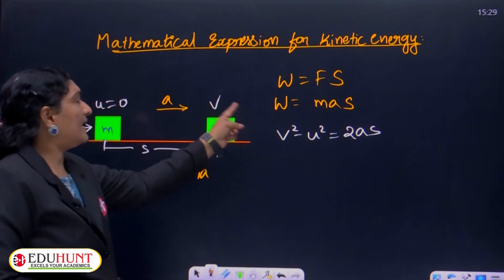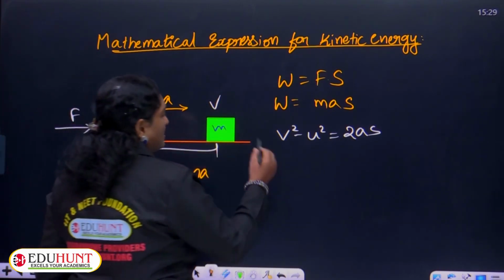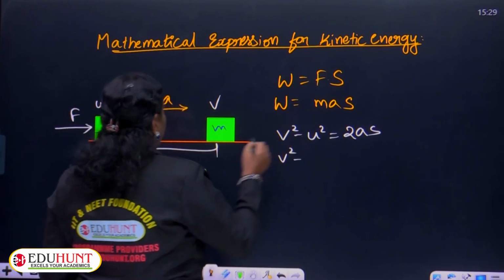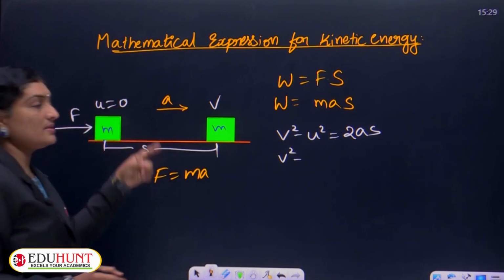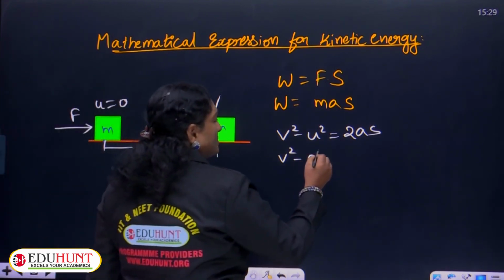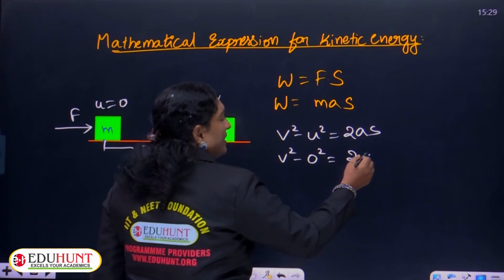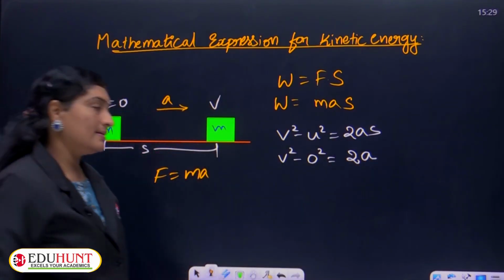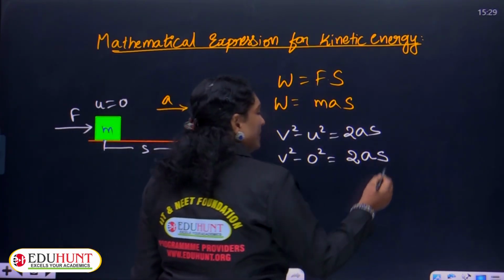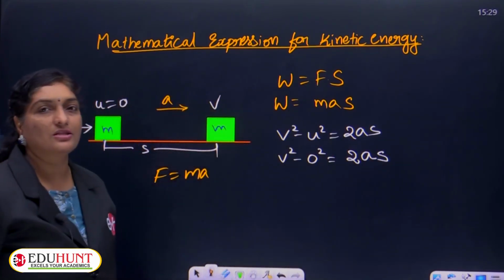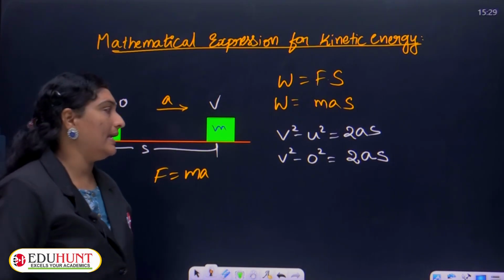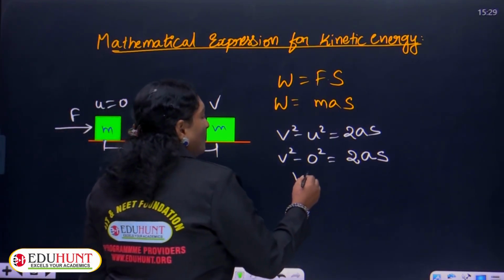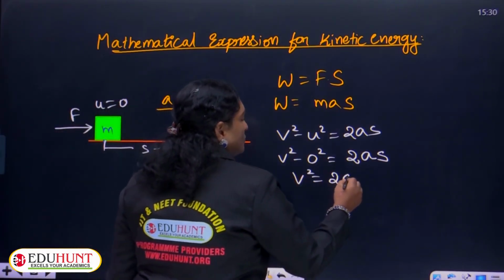V indicates the final velocity, which is v itself, and u indicates the initial velocity, which is 0. Here we consider displacement as s itself. So v square minus 0 square equals 2as, or v square equals 2as.